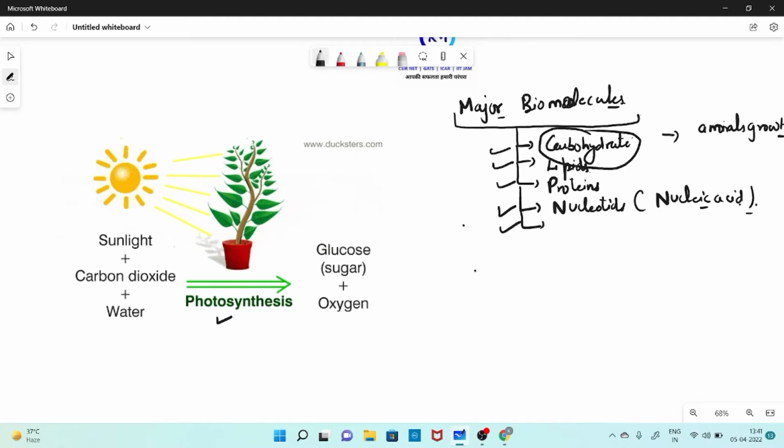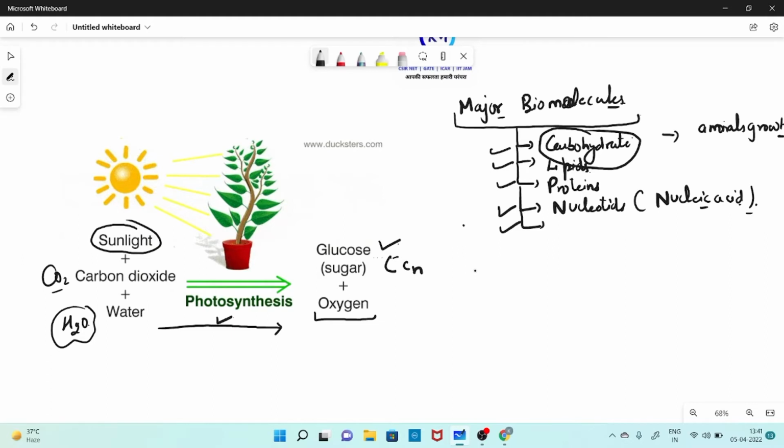In that process, in the presence of sunlight, carbon dioxide and water react with each other in a chemical reaction, leading to the formation of glucose, which is a sugar molecule, and the liberation of oxygen. Right? The glucose formed here has an empirical formula shown as Cn(H2O)n.